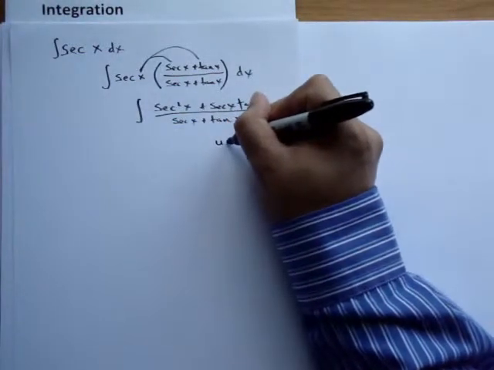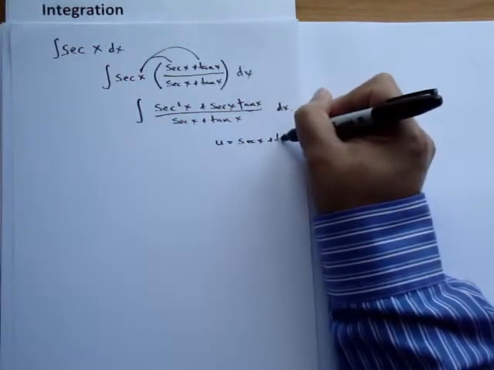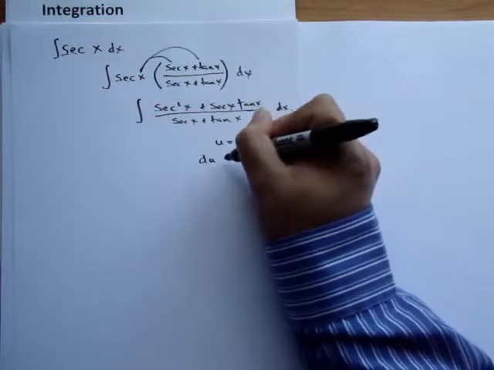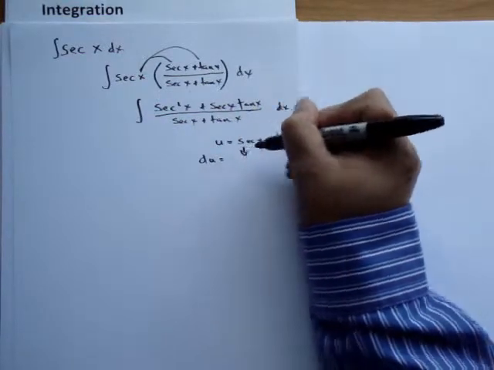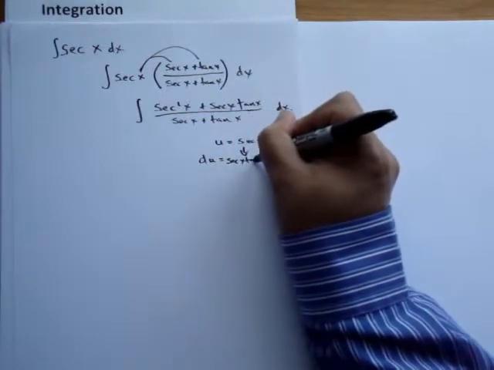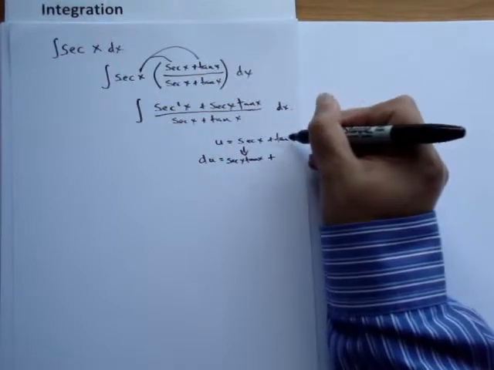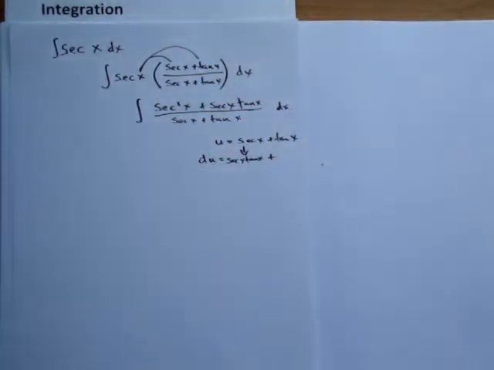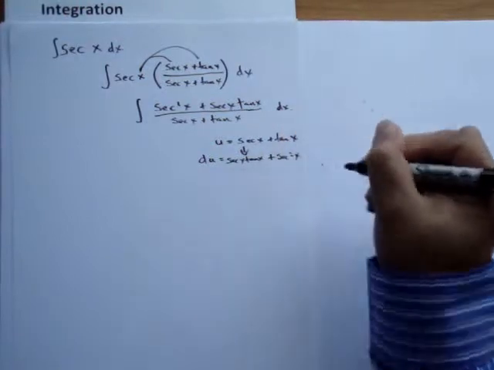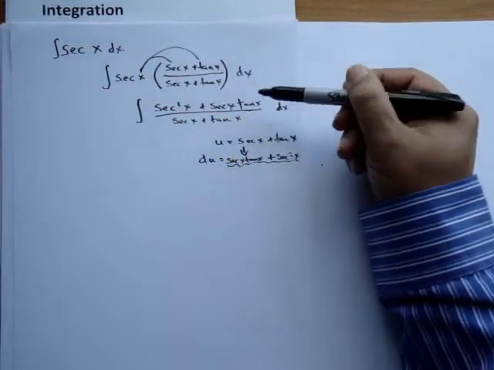If we let u equal secant x plus tan x, du then becomes secant x tan x, and then when we differentiate tan x, we get secant squared x, and as we can see this is the same as the top line.